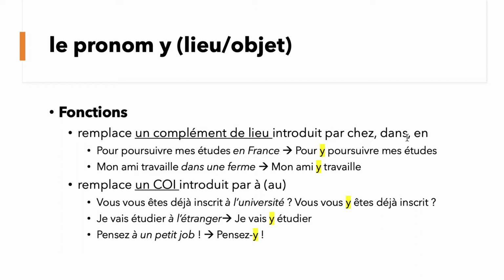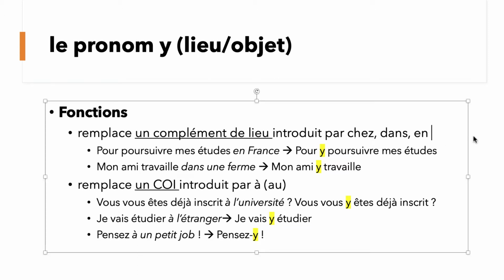So, what do they have in common here? We're asking the question où, right? Pour poursuivre mes études en France, pour poursuivre mes études où? En France, all right? So that's how you know that you can replace en France by y, because you're asking the question où.